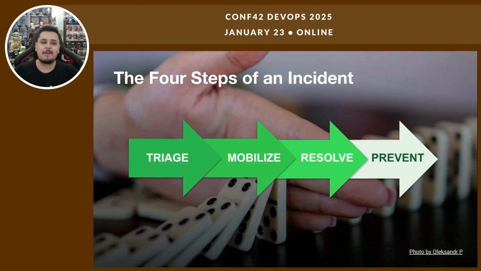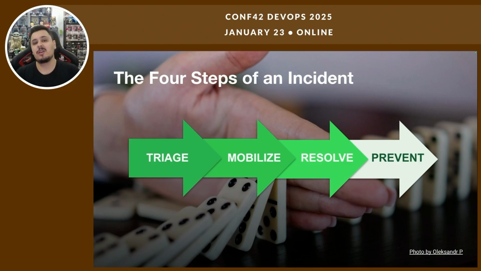So the steps of our process when dealing with an incident are the following. We follow the triage, mobilize, resolve, and prevent process. When you're notified that an incident is happening, you first must assess and triage it. Here you will assess the severity and the urgency of the incident. Secondly, you need to mobilize the right people who can work together towards the resolution, and that leads us to resolving.